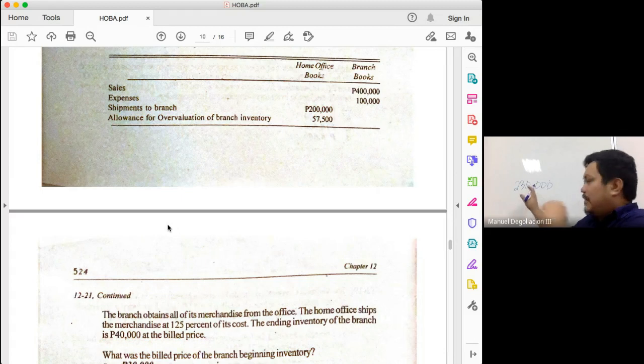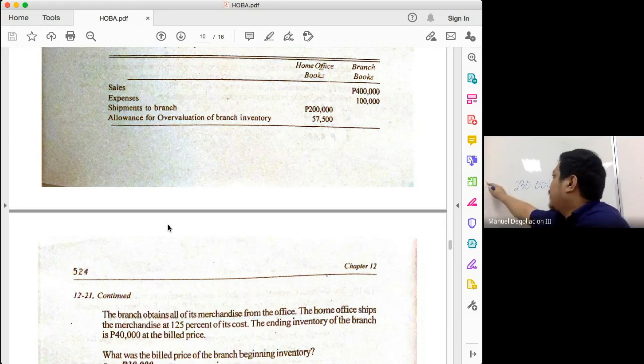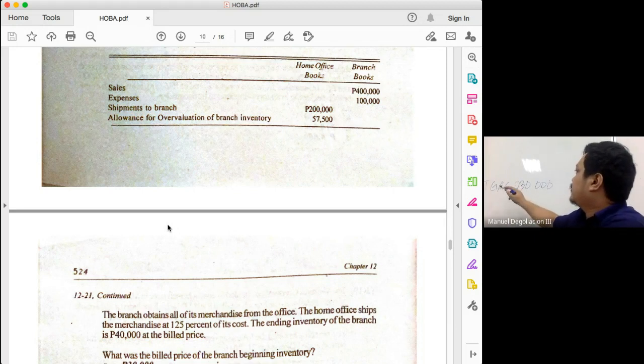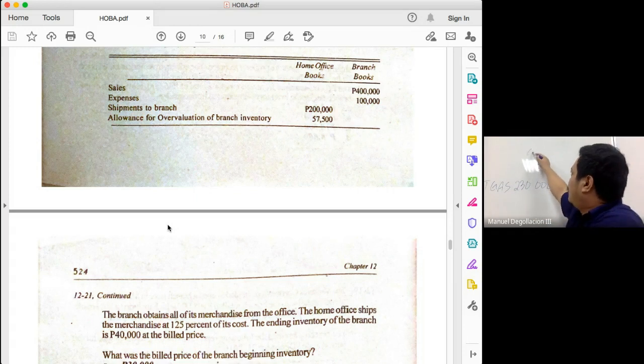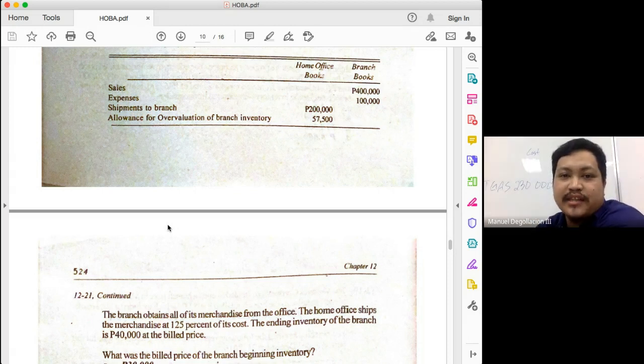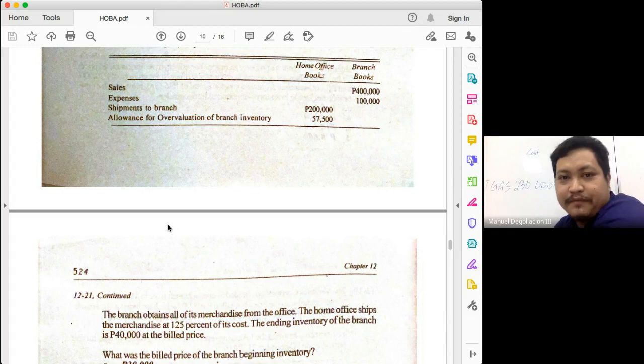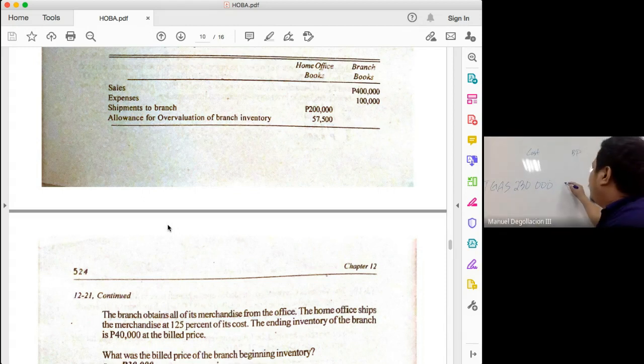But we can actually start from the 230 already. Shipments to branch: how much is your shipments to branch? Let's just solve for both cost and bill price. So if your TIGAS at cost is 230,000, how much then is your TIGAS at bill price? 230,000 times 125%, or simply 230,000 plus 57,500. That will give you 287,500.